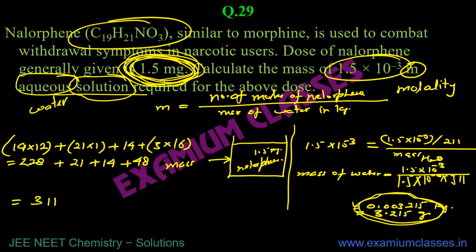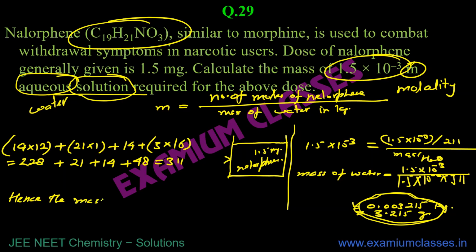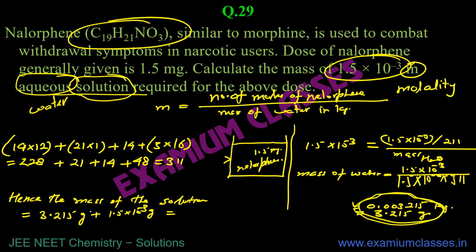So the solution will be total 3.215 gram and 1.5 into 10 power minus 3 gram. This is given in milligrams, so you will convert it. Hence the mass of the solution will be 3.215 grams plus 1.5 into 10 to the power minus 3 grams.